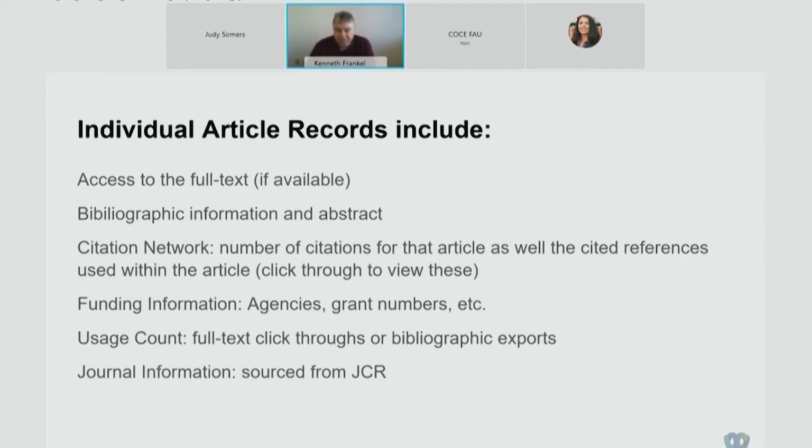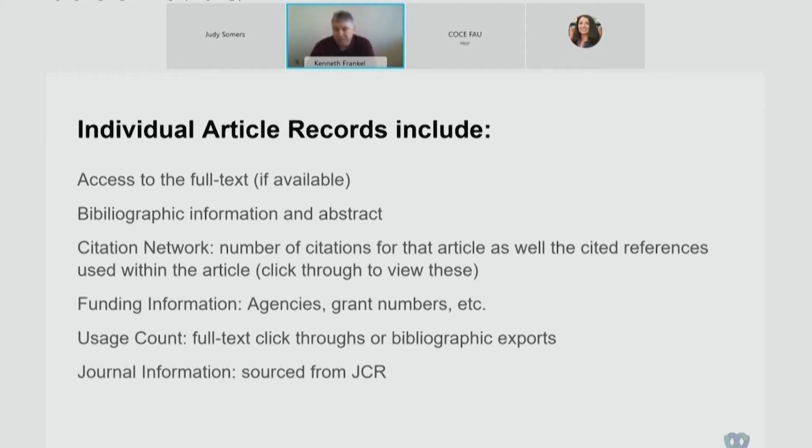Of course, the information about the article itself, the bibliographic information, and citation are there, and abstract, excuse me. The references that were used, the cited references from that article are included, as well as a link to those who have cited it subsequently.